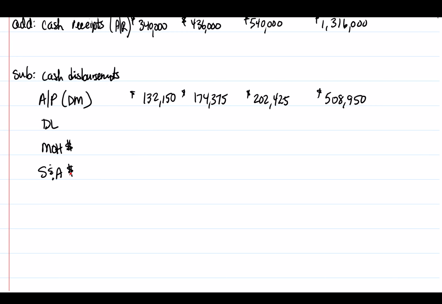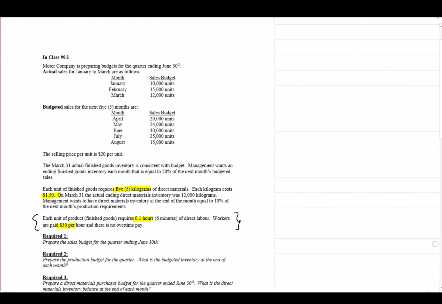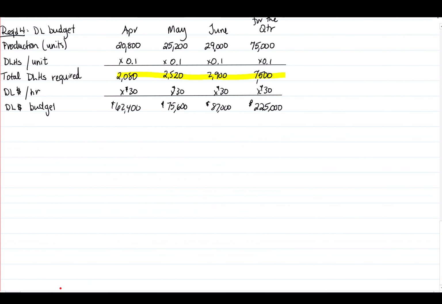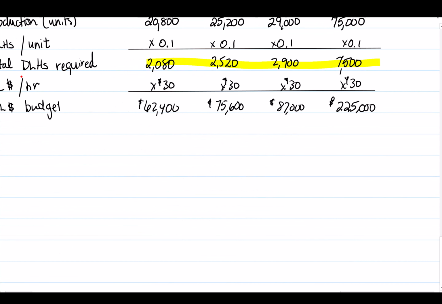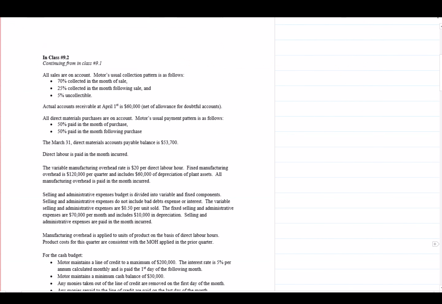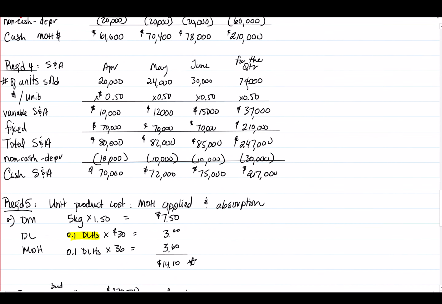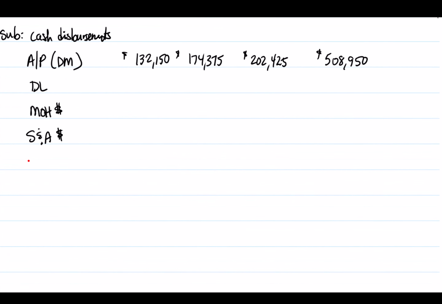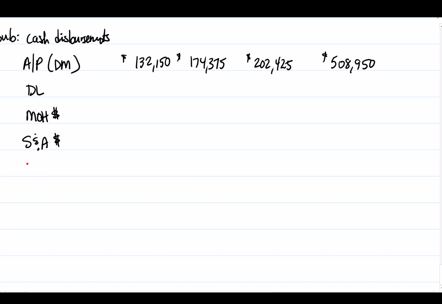Direct labor would come from the direct labor budget, so we have to go back to 9-1 for that. So 62.4, 75.6, and 87,000 is what we're going to put down for our direct labor dollars. All of these come from another budget, pretty much.